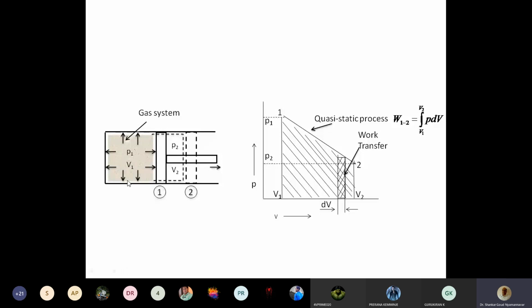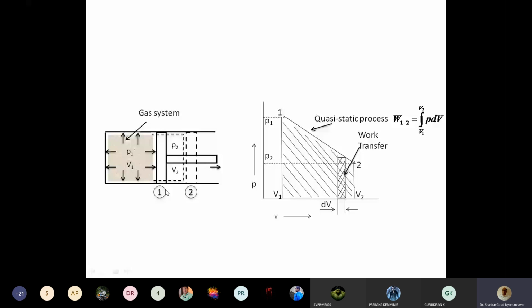The piston moves and sweeps. Area into stroke length, correct? Piston cross section area into the distance the piston moves, that is the distance between location 1 and location 2. That is the stroke length.